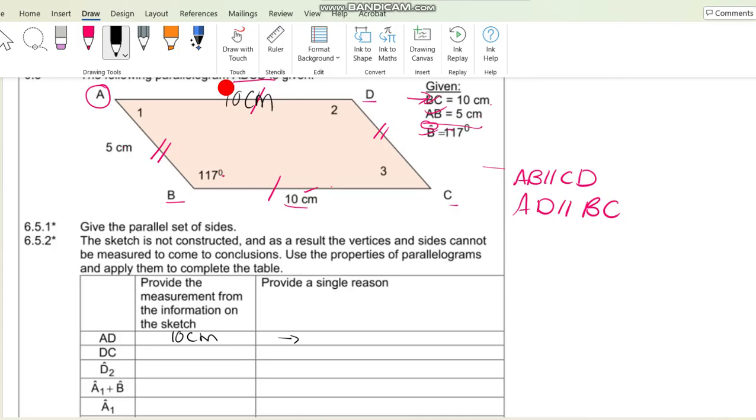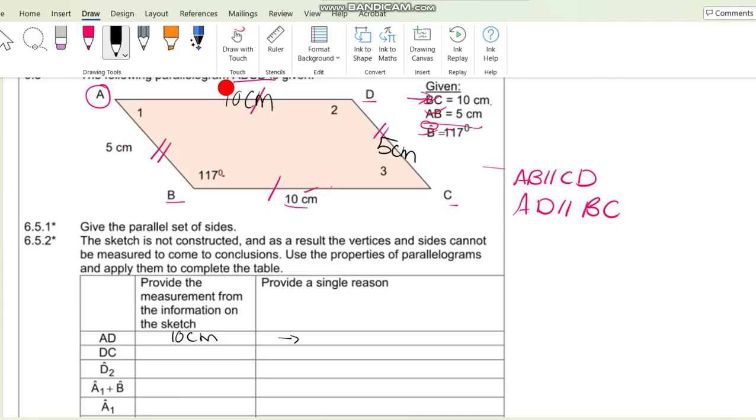Now we've got DC. So if AB is parallel to DC, then that means DC is also 5 centimeters. Okay, now they ask for angle D2, which is that angle there.